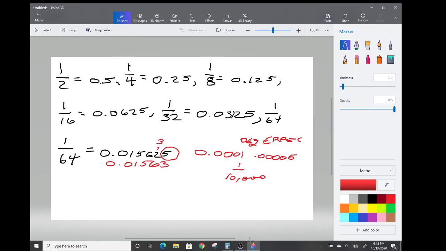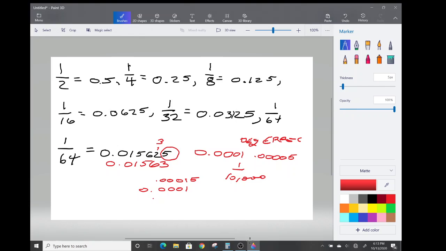0.00005. So if we measured something exactly at 0.0001, our number could be as high as 0.00015, or it could be as low as what?